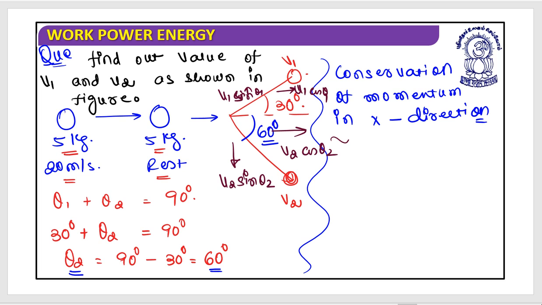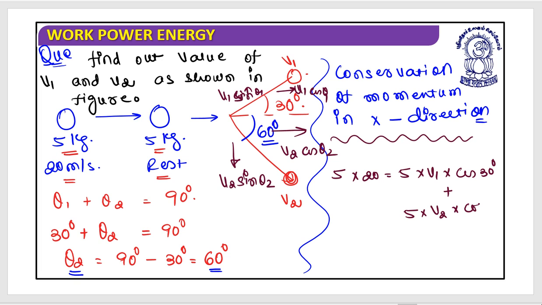So according to the conservation of momentum in x direction, 5 into 20 should be equal to 5 into v1 into cos of 30 degrees plus 5 into v2 into cos of 60 degrees. So 5 into 20, it's 100, should be equal to 5 into v1 into cos 30, which is root 3 by 2, plus 5 into v2 into 1 by 2.